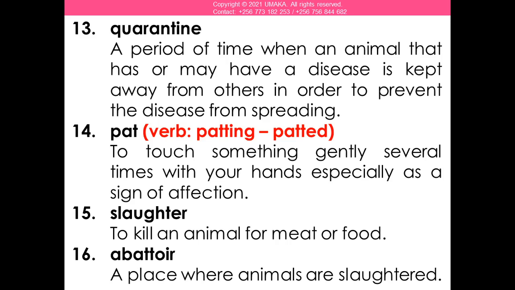A-B-A-T-T-O-I-R. Abattoir. Abattoir is a place where animals are slaughtered. Not one animal. This one is a gazetted area by the government where animals can be communally slaughtered.